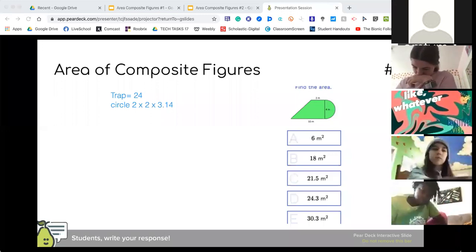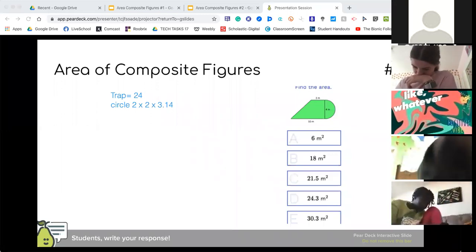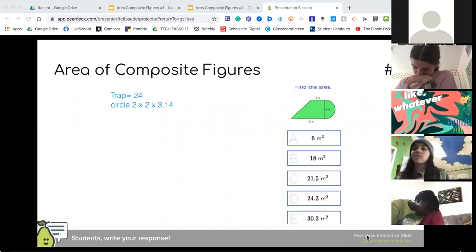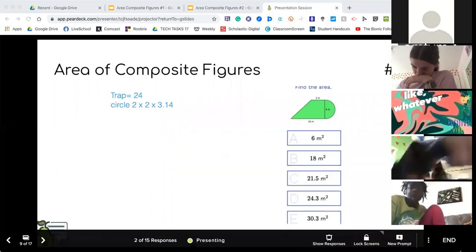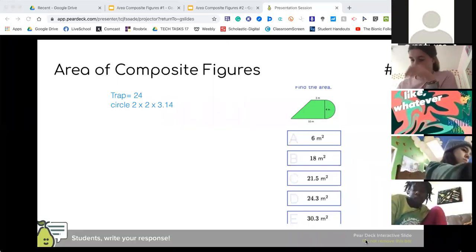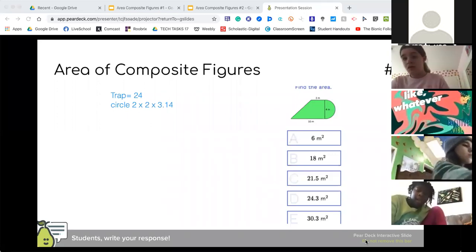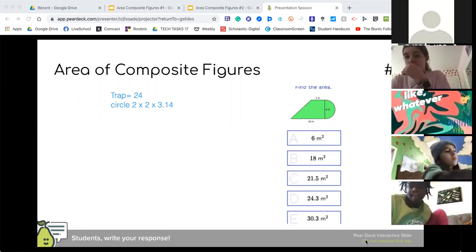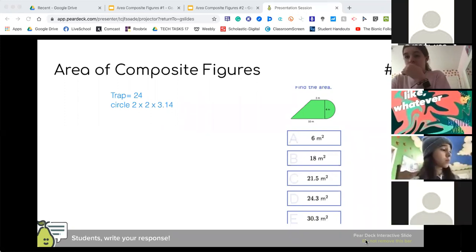Okay, thanks. And then the circle is half of 12.57, so 6.28, something like that. And then you add those together, and you're getting 30.3?